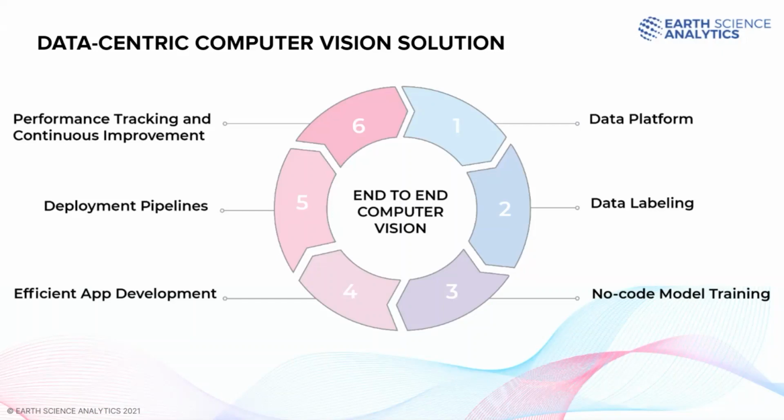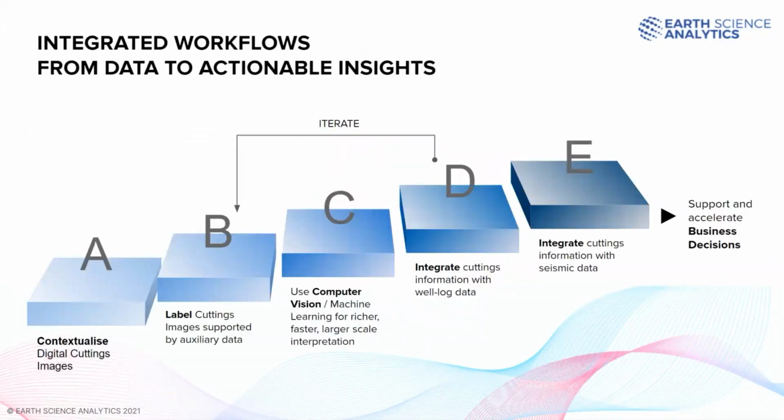The need to go around and around also puts some demand on the efficiency of the workflows here. So you need to go around and around very fast. So these components here is basically what is needed for an end-to-end computer vision application.